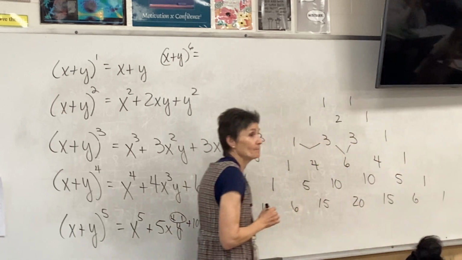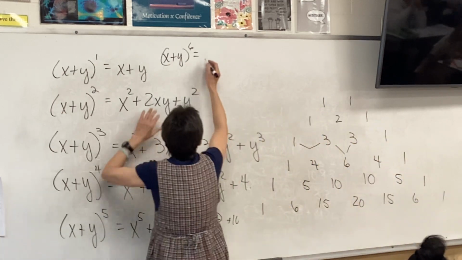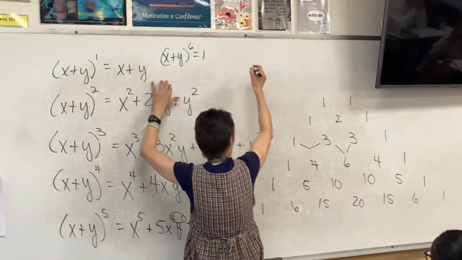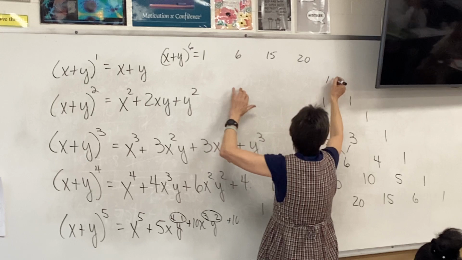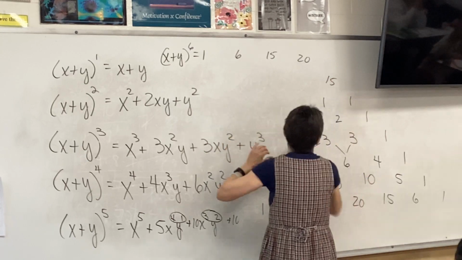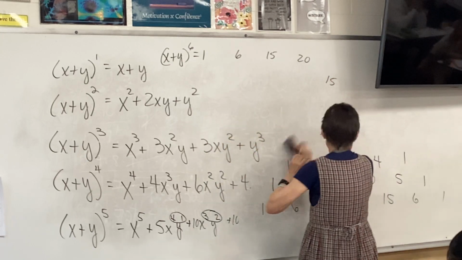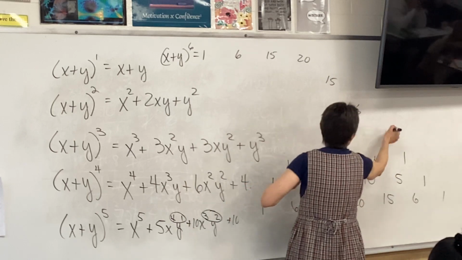Would you agree with that? Yeah. So those are my coefficients: 1, 6, 15, 20, 15, 6, 1.